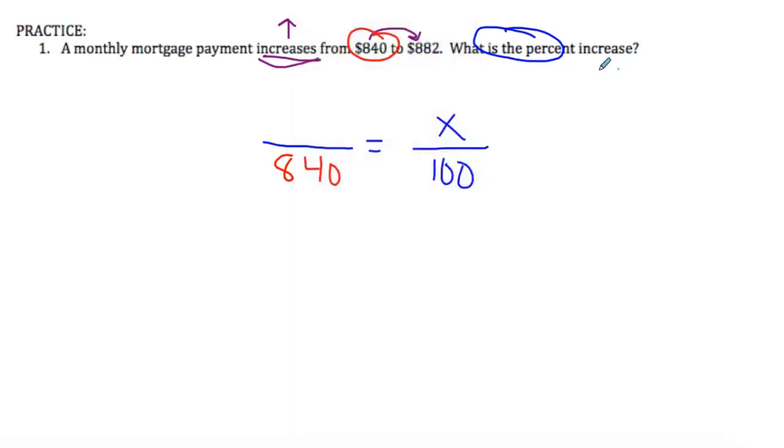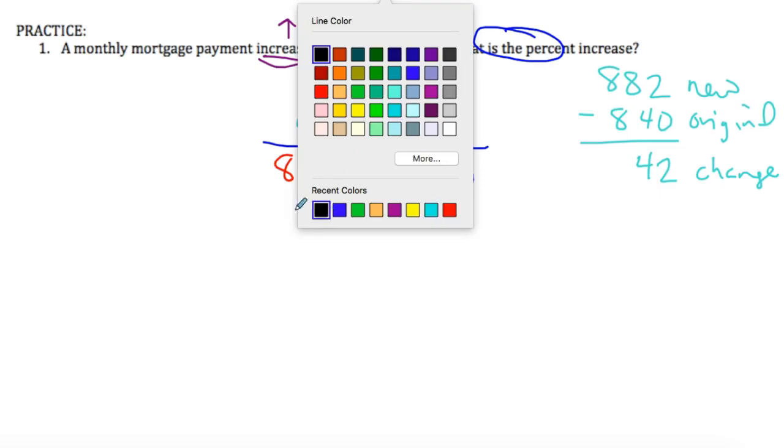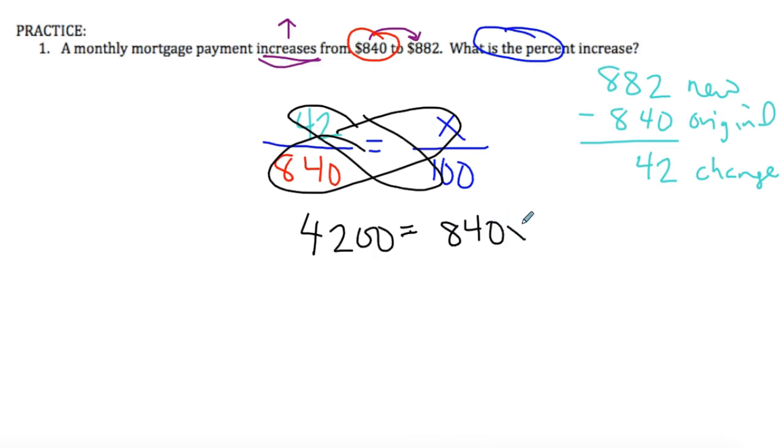To get the change, I'm going to take my new minus the original. So my change is $42. Once I have everything I need, I'm going to cross multiply. So 42 times 100 is 4,200. 840 times x is 840x.